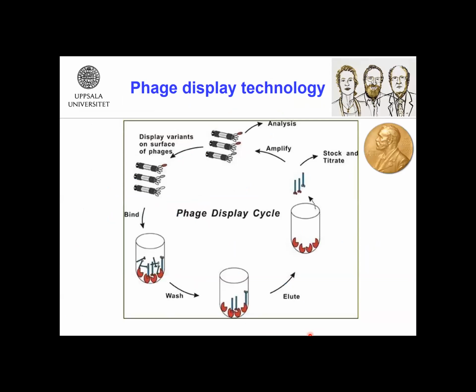The discovery of phage display deserved the Nobel Prize in 2018, and George Smith deserved it for the development of the so-called phage display technology. And this potentially enables selection of quite small binders to any thinkable target.